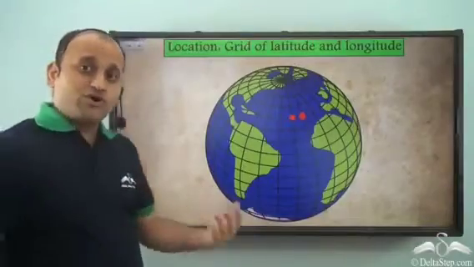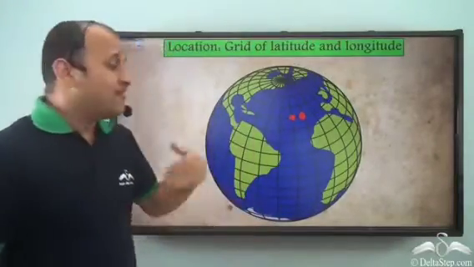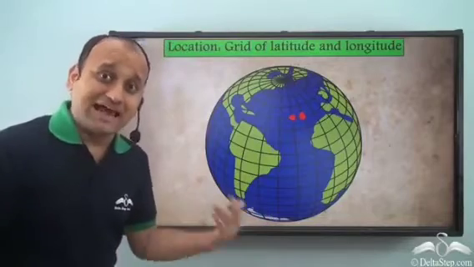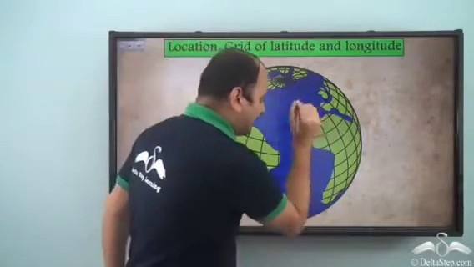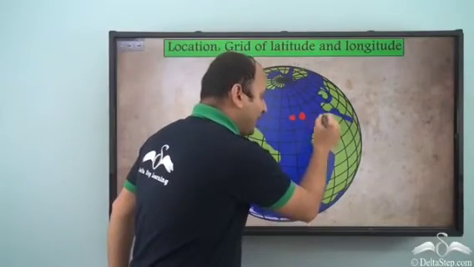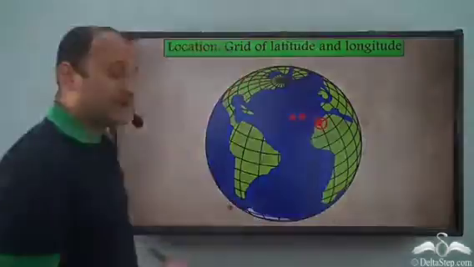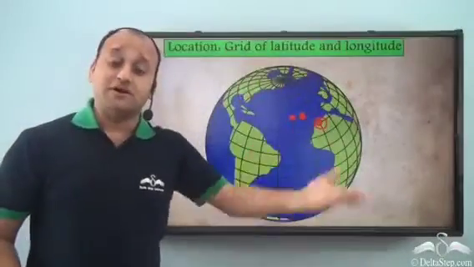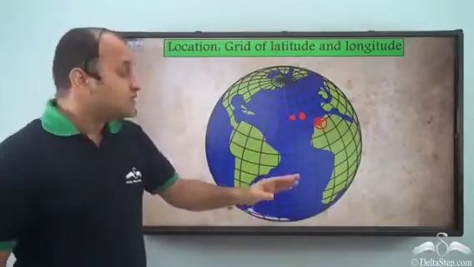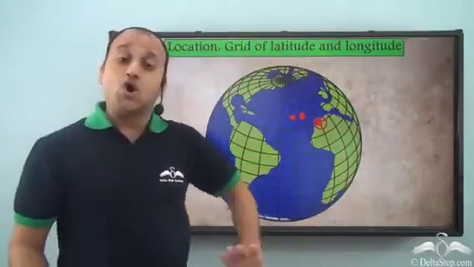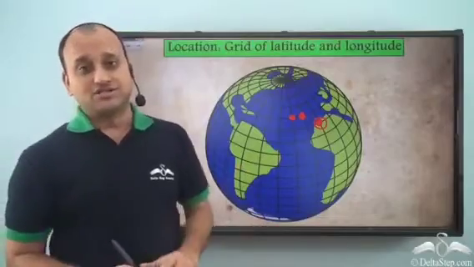So whenever you want to locate something or somebody, we actually find the location of that person or that thing on this grid, and the point where that particular thing or person is located, that is the location of that particular thing or person.